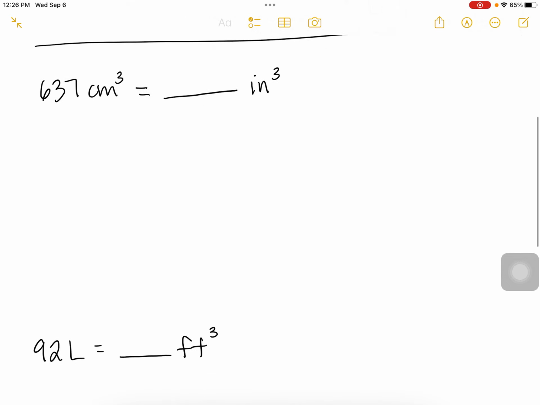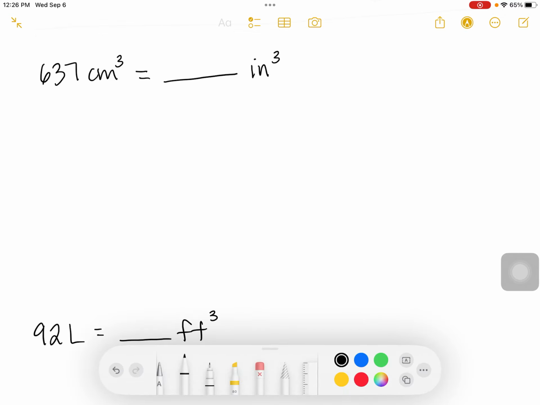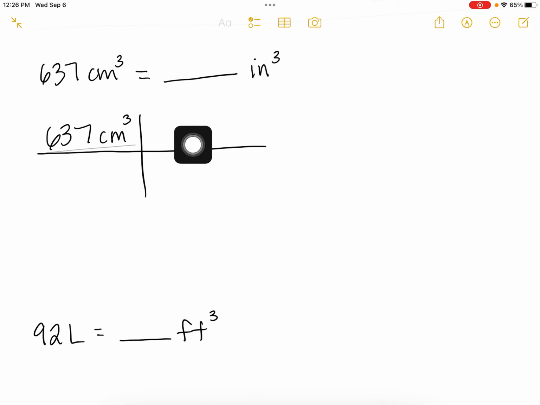This first one is a very similar process to what we've been doing, but it's slightly different. We're going to start the same way, 637 centimeters cubed, and we're going to change that into inches cubed. So just for a second, we're going to pretend that this cubed right here isn't there.